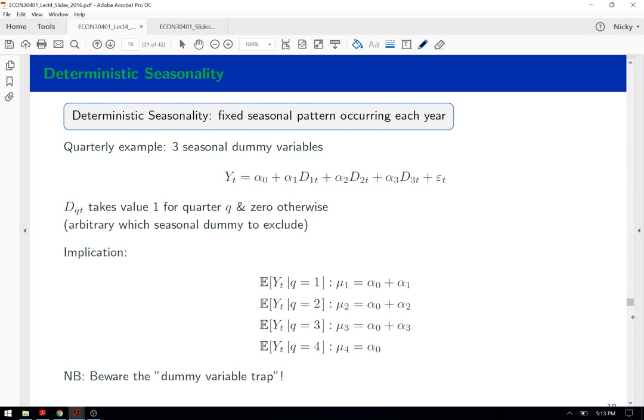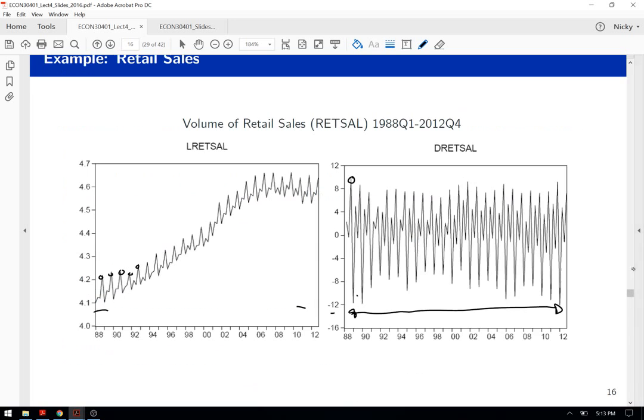So we gave this example where, for the growth rate in sales, we can see there's the same pattern every year at quarter 4. The quarter 4 growth is much bigger than all the other quarters. It's not the same every year, but every single year it's always much higher than the rest. And the same for quarter 1.